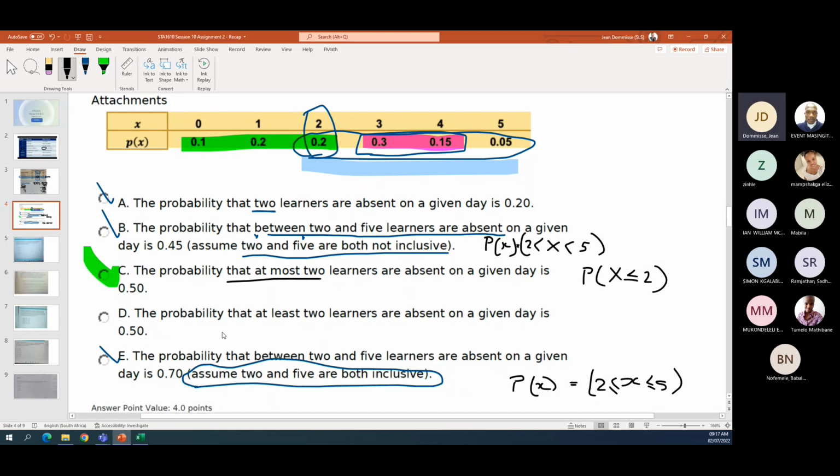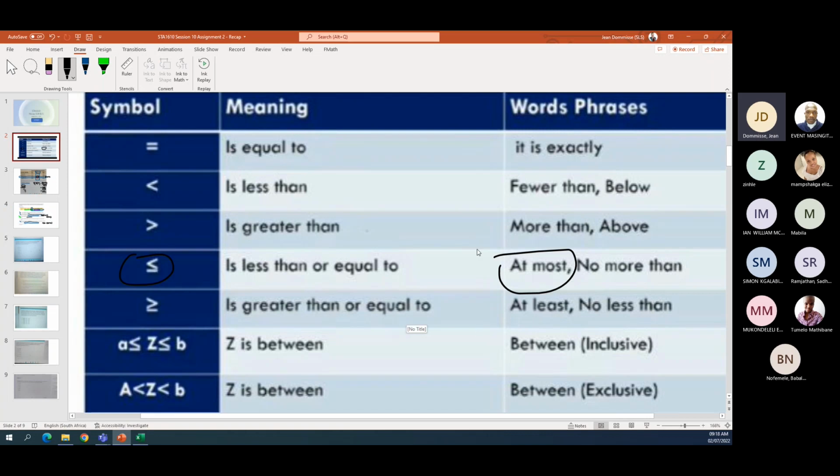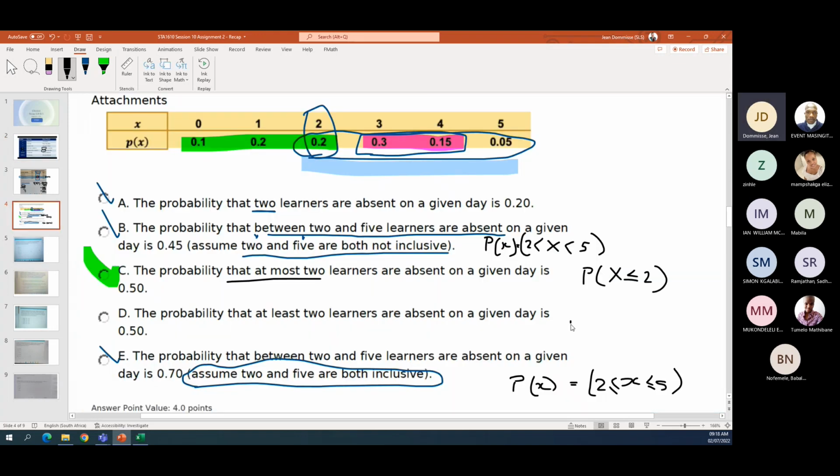So let's look at the last one. The probability that at least, let's go, at least, where at least bigger or equal to. So what's the probability of x bigger or equal to 2?